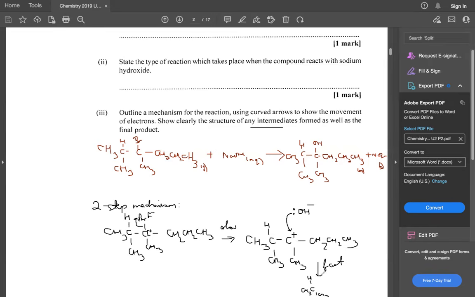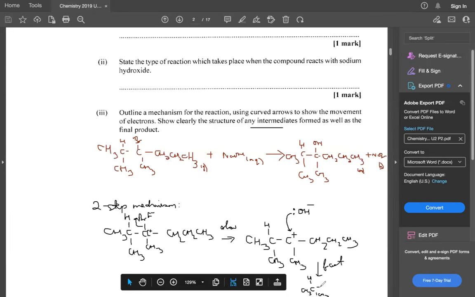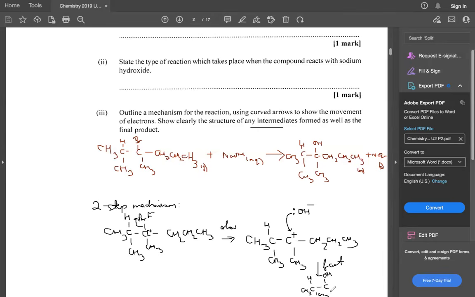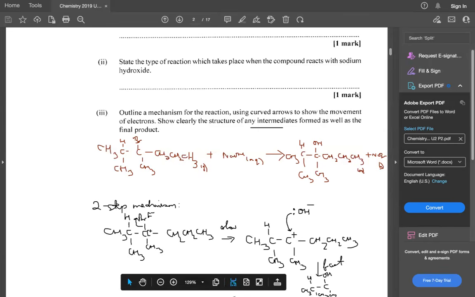And then we have COH, so that gets incorporated in. We have our CH3, another CH3 down here, as from before, and then we have CH2, CH2, CH3.